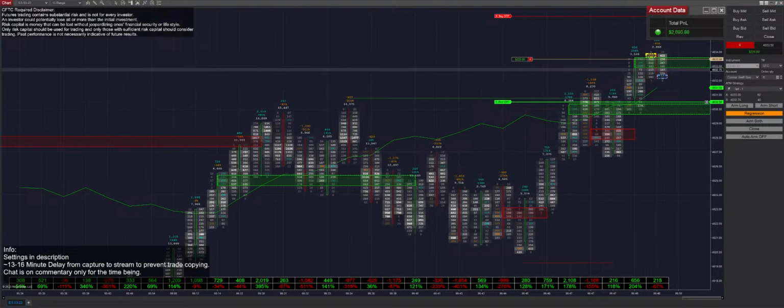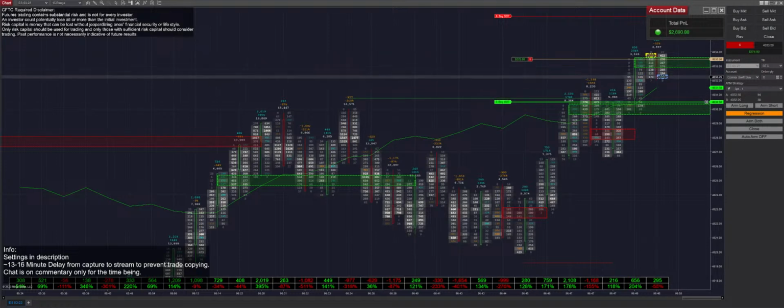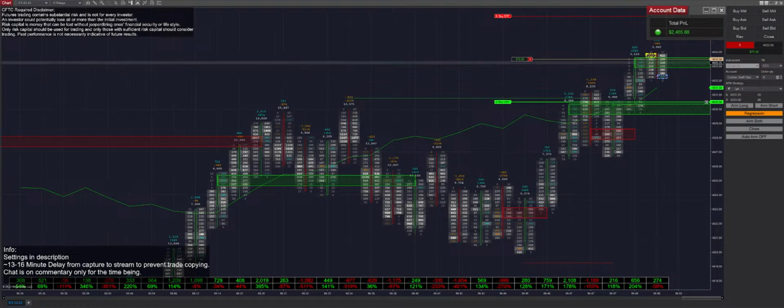And we're looking for that there, and we get a fill right into a short trade just above that green derived zone.